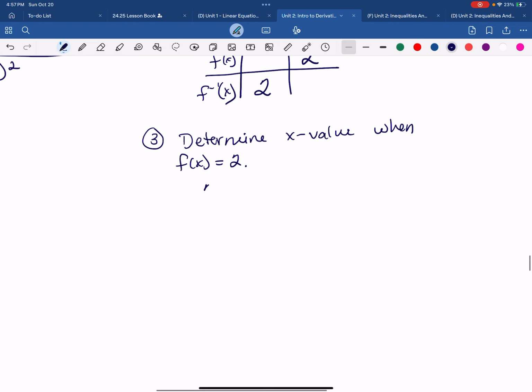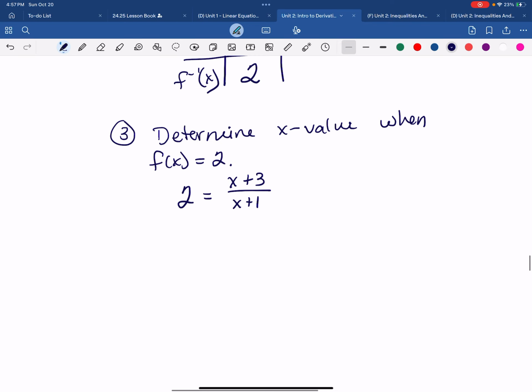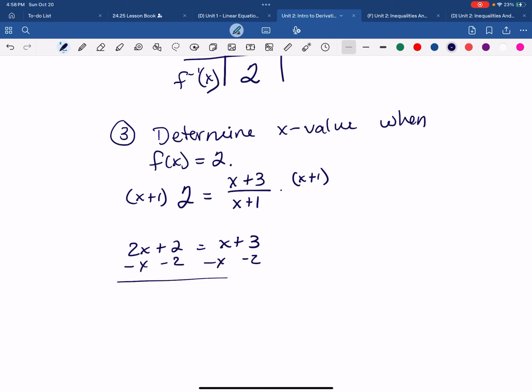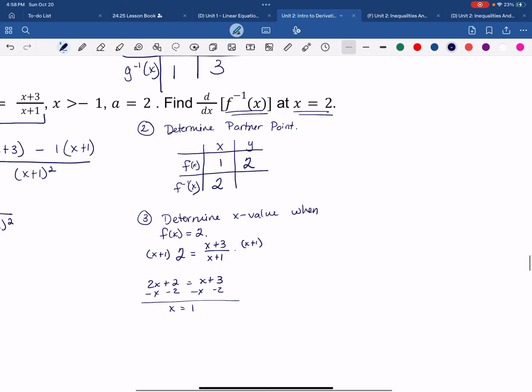So I'm going to say 2 equals x plus 3 over x plus 1. We multiply by x plus 1. We subtract x and subtract 2. We get x equals 1. So that means that this is 1 and this is 1.